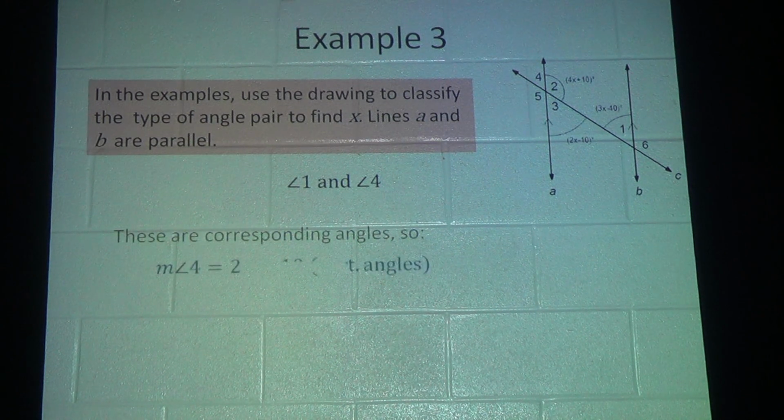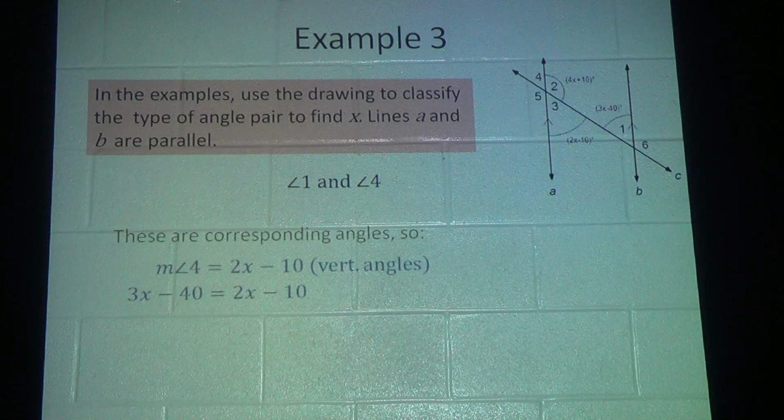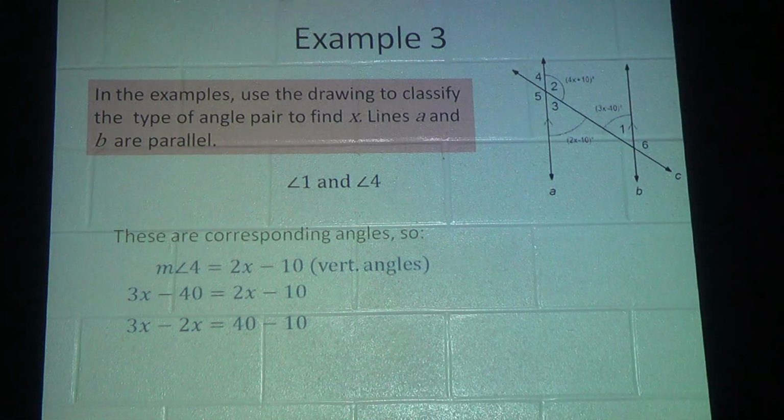So 3x minus 40 is equal to 2x minus 10, because corresponding angles have to be congruent. We move the 2x to this side and move 40 over here. This gives us 3x minus 2x equals 40 minus 10, so x is equal to 30.